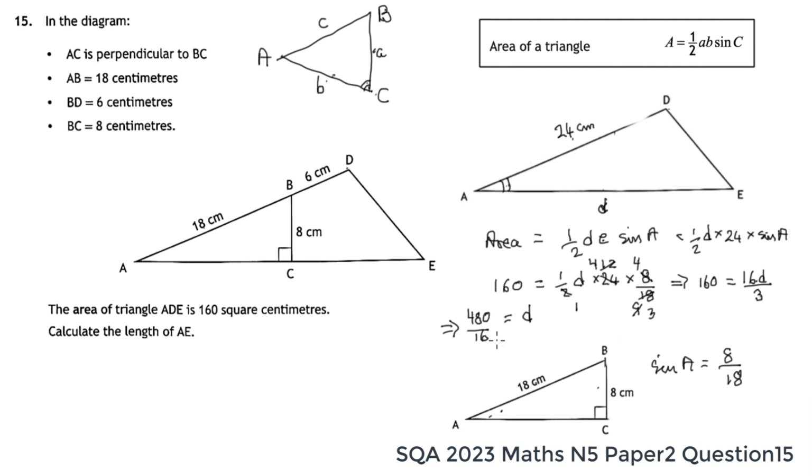Well, do this in your calculator, but 16 goes into 48 3 times, with that 0 would imply d is equal to 30. Now, what does the question ask us? It asks us to calculate the length of AE, which is lowercase d in this triangle. So we've discovered that. So the length AE is equal to 30 centimetres.